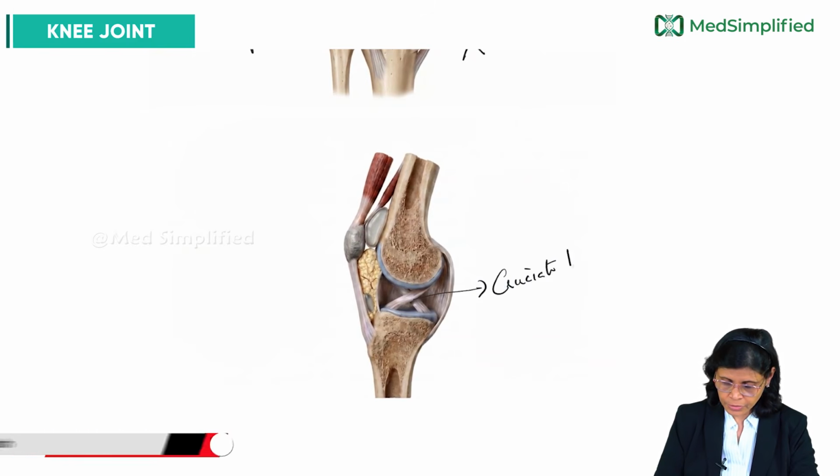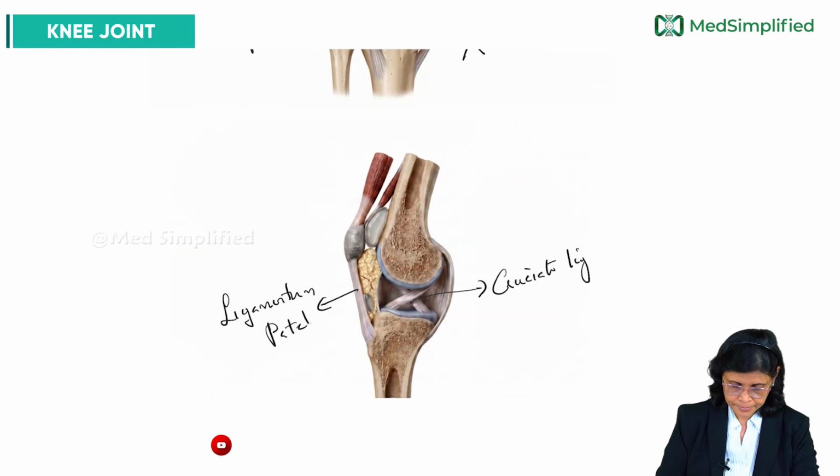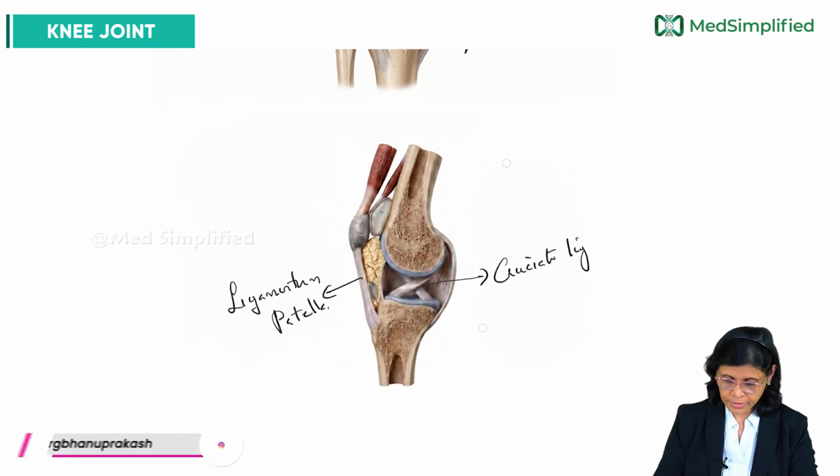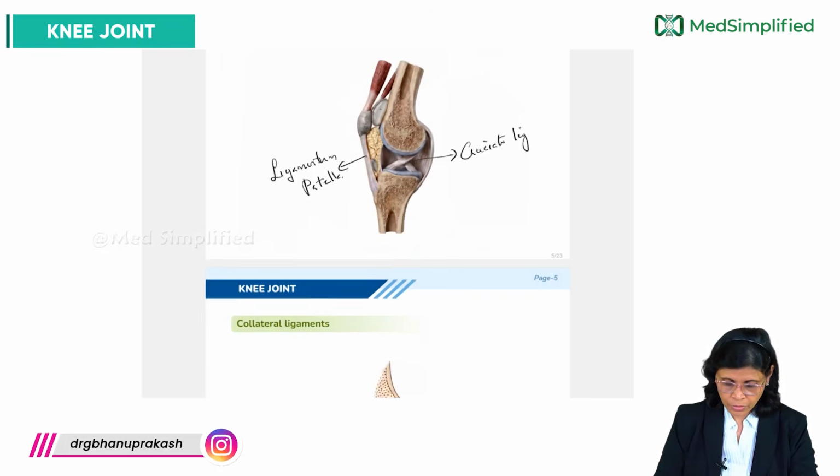This is the ligamentum patellae. These are all the bursae which are located beneath. So these are the important ligaments, and we'll go one by one.